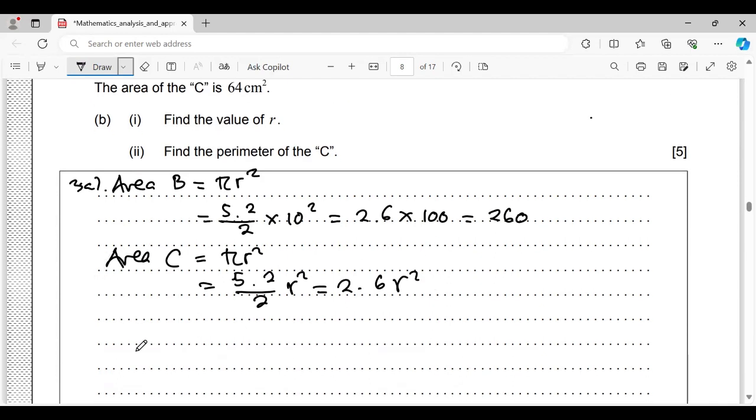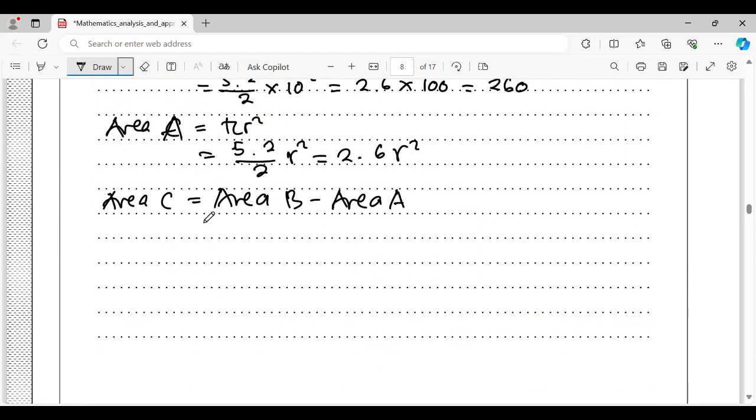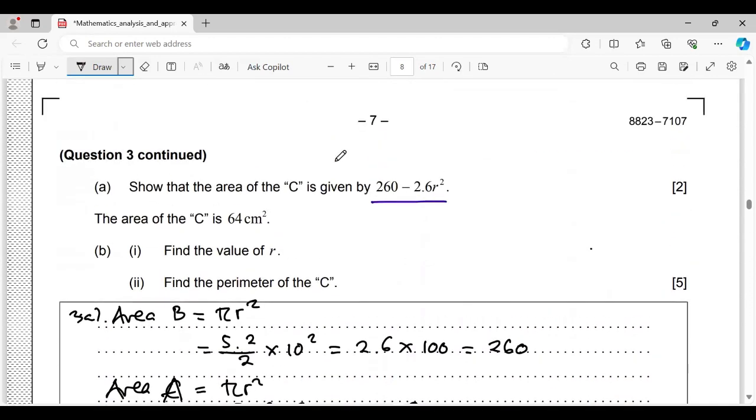Next, area C. Area C is area B minus area A, which becomes 260 minus 2.6 r squared. So proved based on this statement.